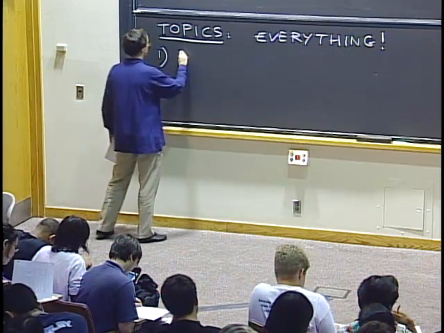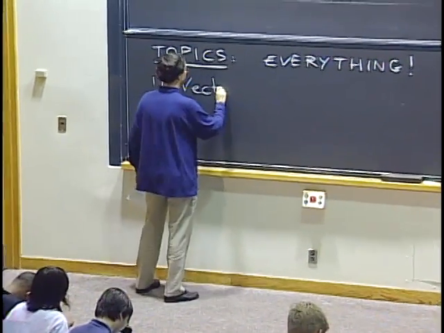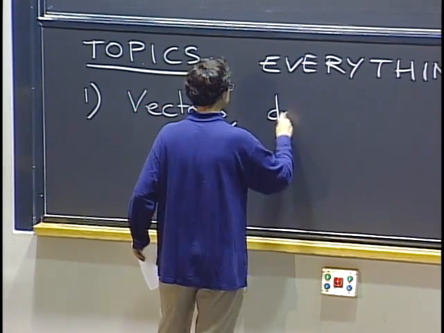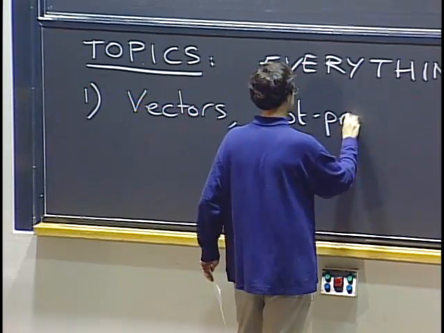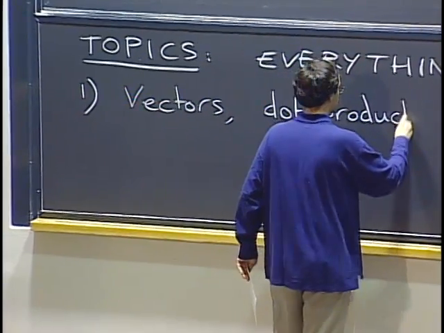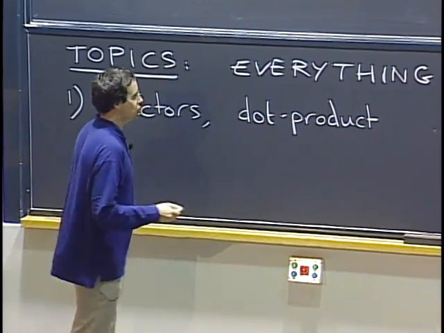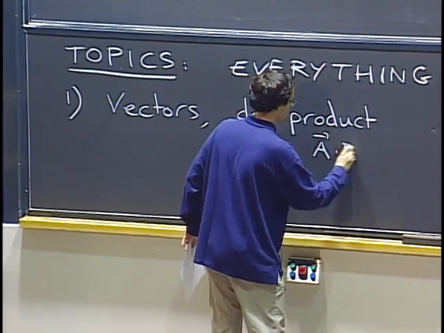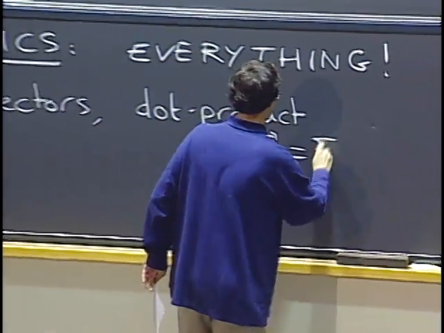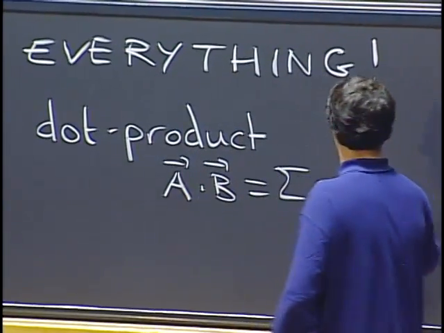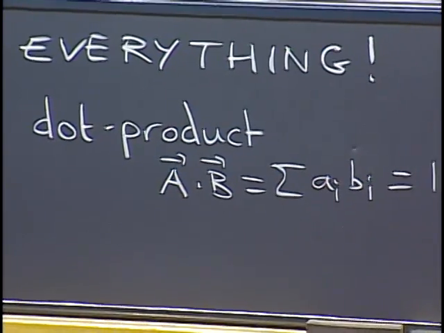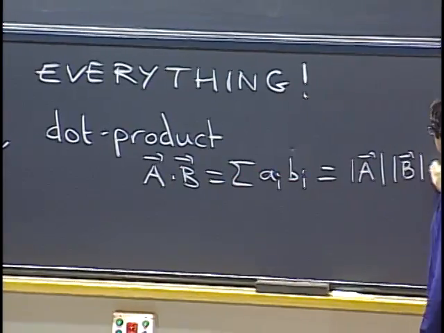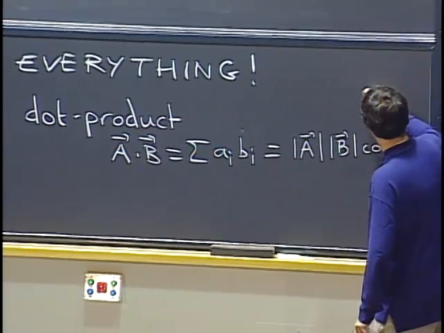So first of all, we learned about vectors, how to use them, and dot product. At this point, you should probably know that the dot product of two vectors is obtained by summing products of components, and geometrically, it's the length of A times the length of B times the cosine of the angle between them.